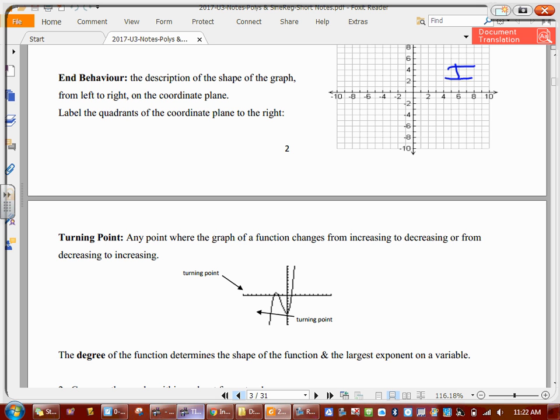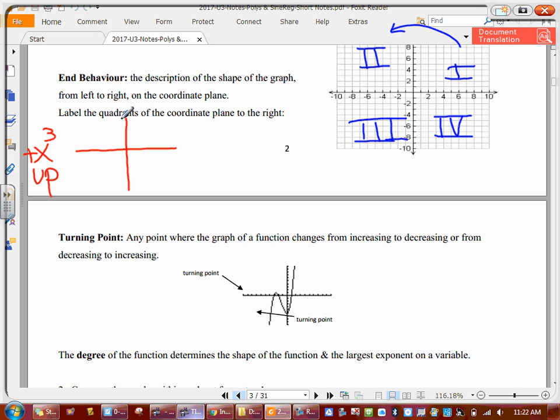So cubic graphs, depending, will always start in quadrant 2 or 3. So if it is an up graph, that means x cubed is positive. If that is the case, it's going to start down in quadrant 3 and end in quadrant 1. Okay? If it's an up graph.